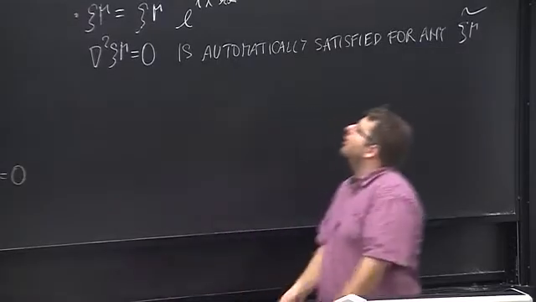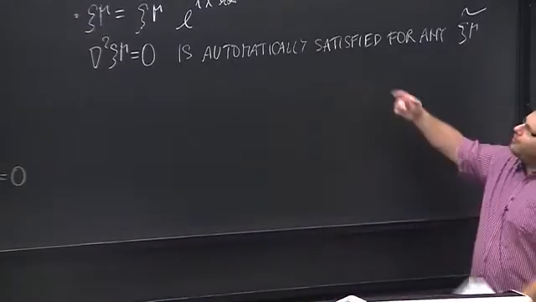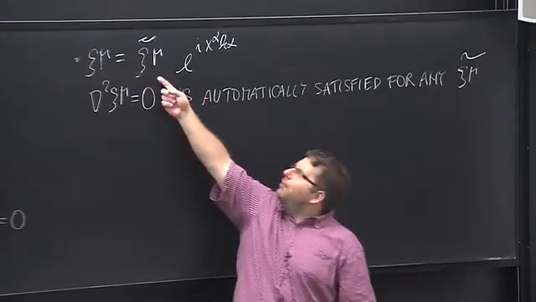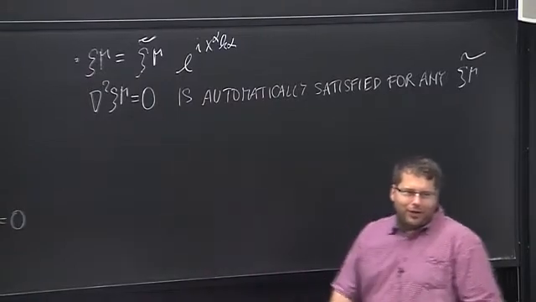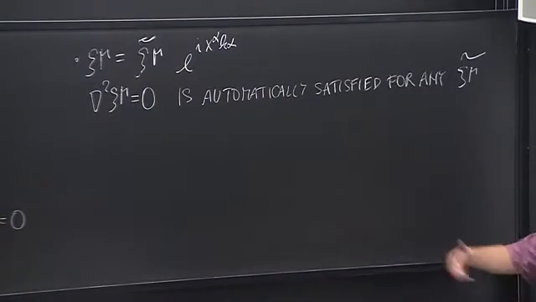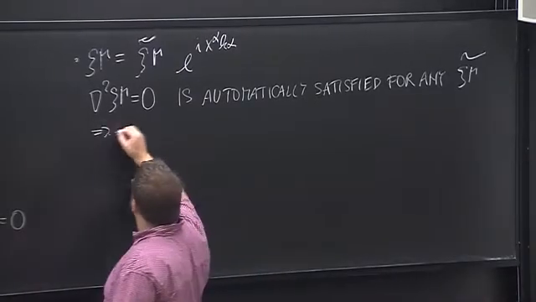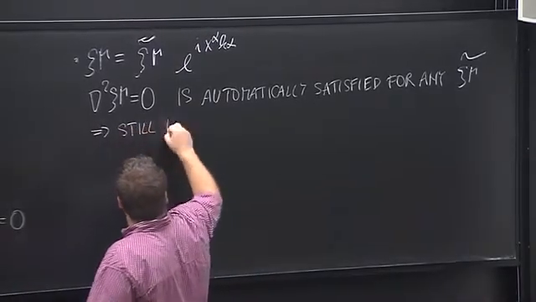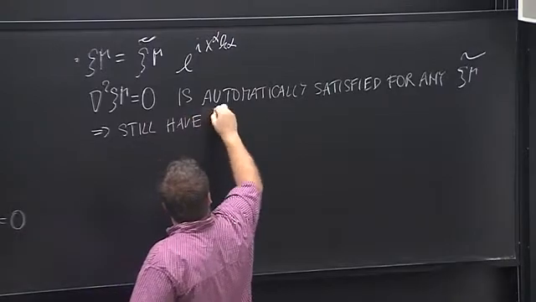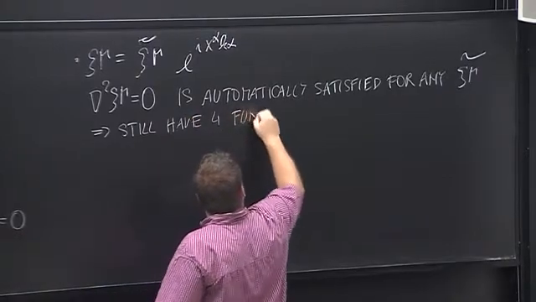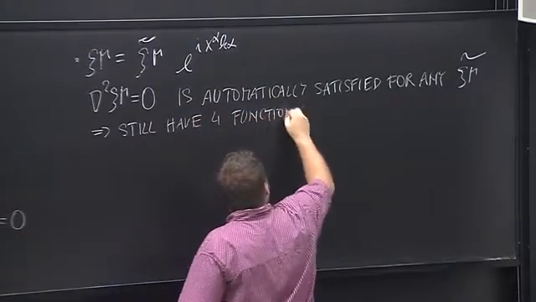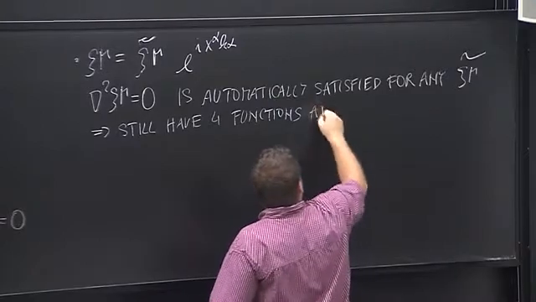So now, if that is true, you still have at your disposal basically 4 numbers ψ̃^μ. Okay, so I actually have still 4 independent things. So that means we still have 4 functions at our disposal.